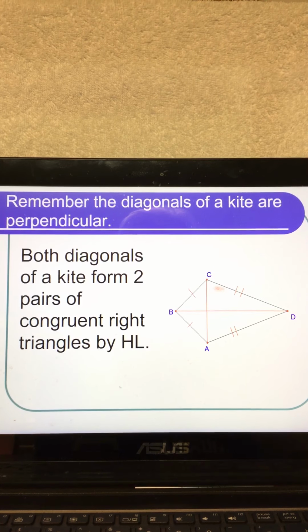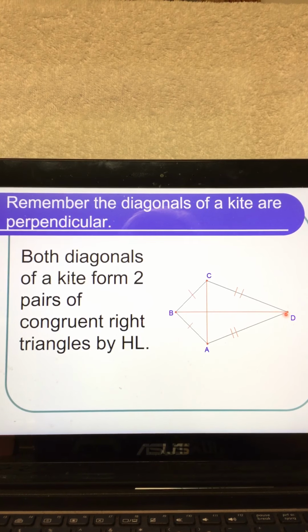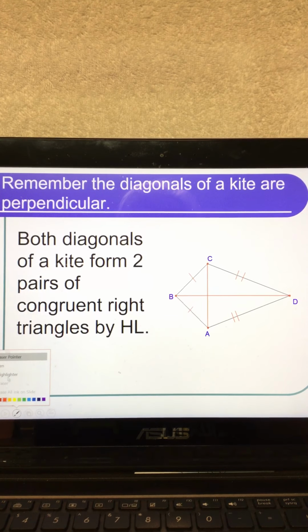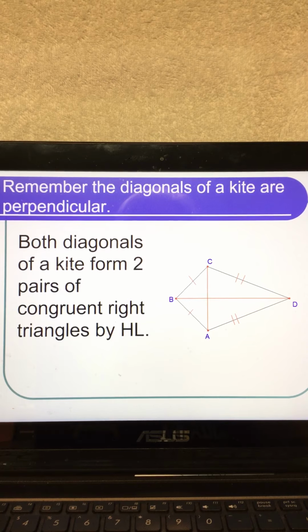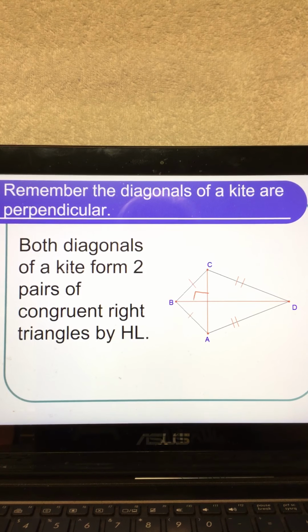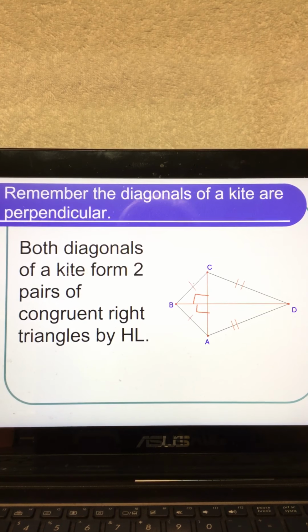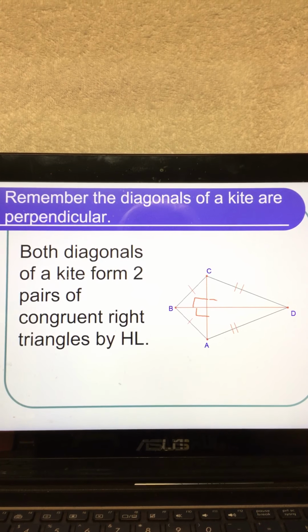And here's something else that I noticed. When I draw in both of the diagonals, I am really getting two sets of congruent right triangles. Because remember, there's right angles here, correct? So these two are going to be congruent because of hypotenuse leg. Same thing here.